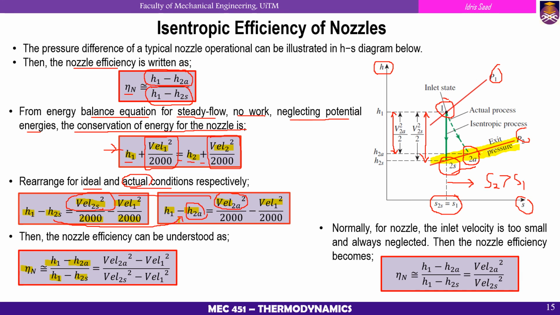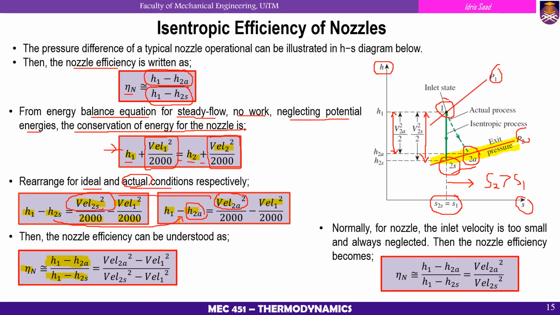Please do remember that H1 minus H2A is the equation of the actual work divided by the isentropic work of the nozzle.